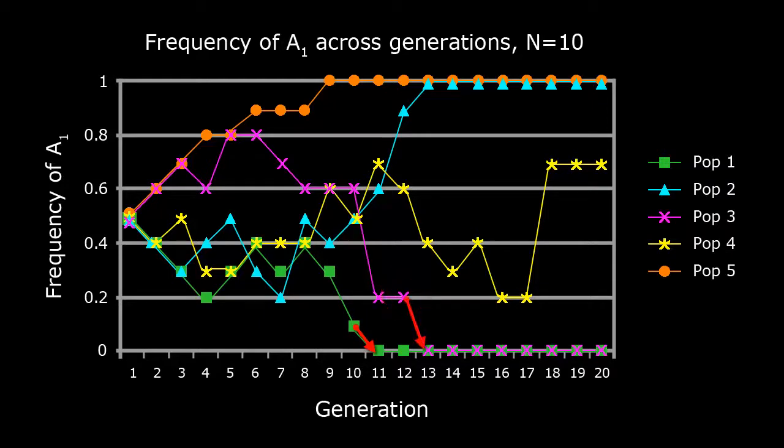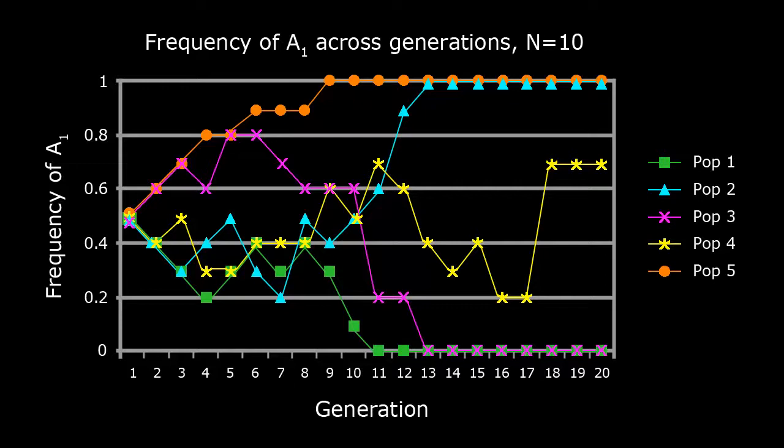They are expunged, they are removed, they are lost from the population. So in the case of this population, after 11 generations, that allele is gone. And after 13 generations, that allele is gone from population 3. So we've had nothing but randomness causing the loss of those alleles.